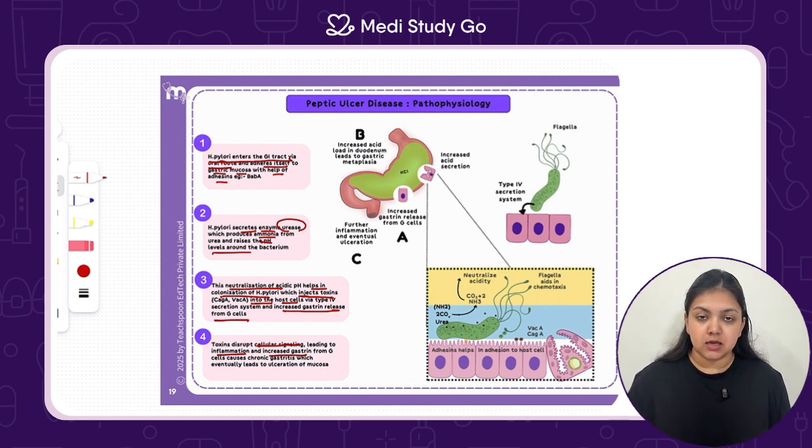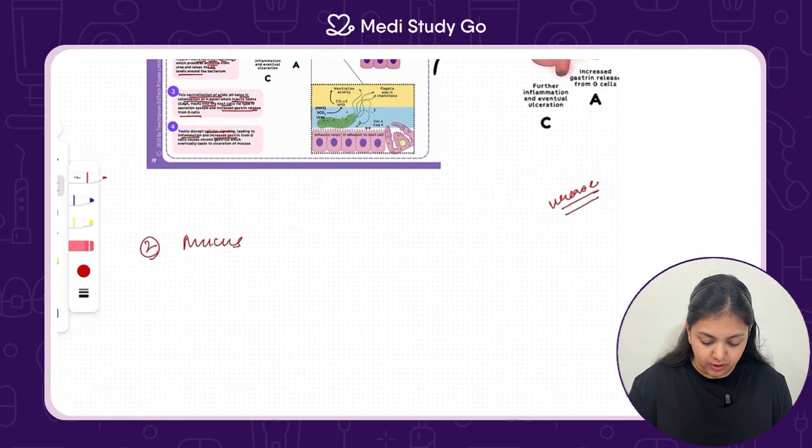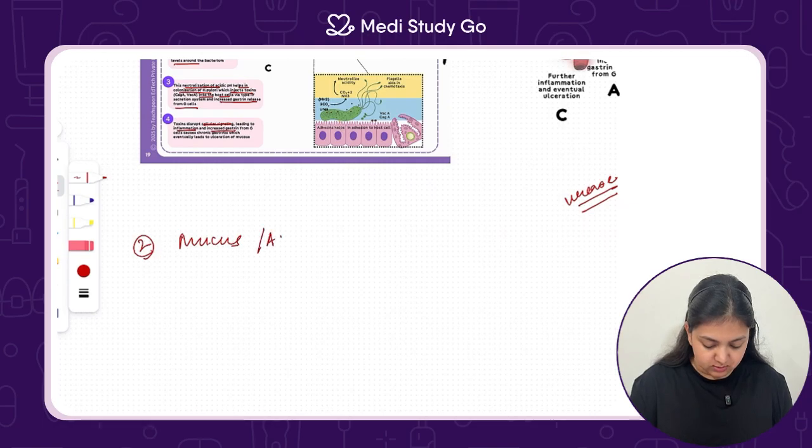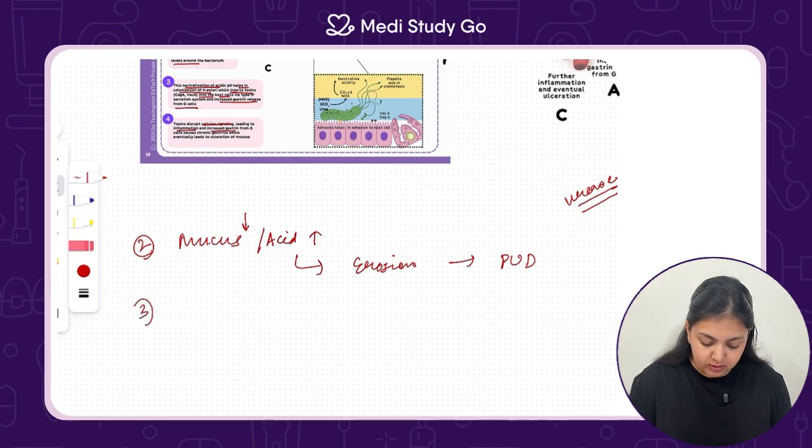peptic ulcer disease. After the first main etiology of peptic ulcer disease, the second is mucus or acid. So if more acid and less mucus is present, it leads to erosion of the mucosa, and that will cause peptic ulcer disease. Third cause is NSAIDs.